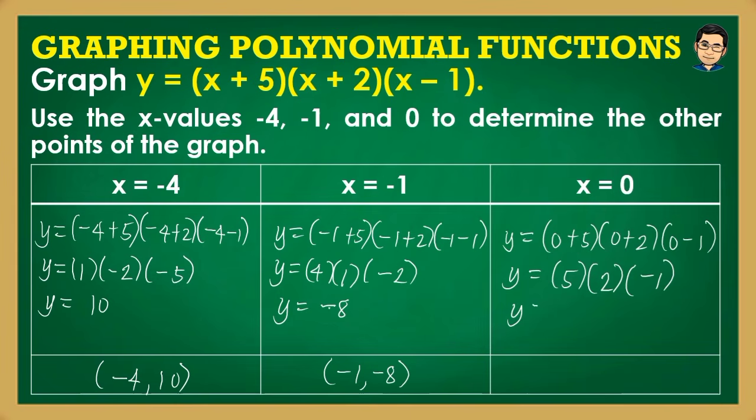Then y is equal to the product of 5, 2, and negative 1, this is negative 10. And then, yung ating value for y is negative 10. And then, our coordinates will be 0, negative 10. So, ayan po yung ating tatlong points aside from dun sa ating mga intercepts.